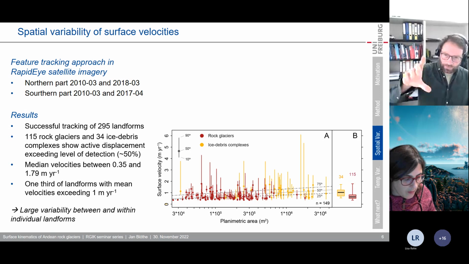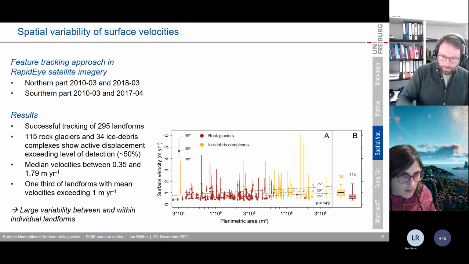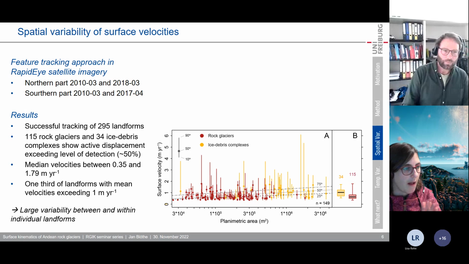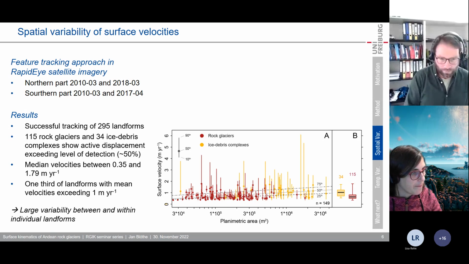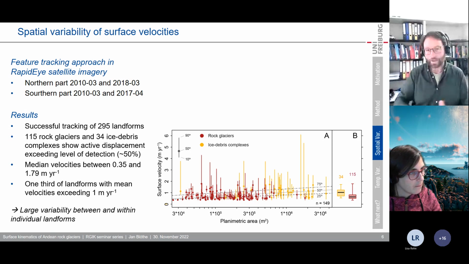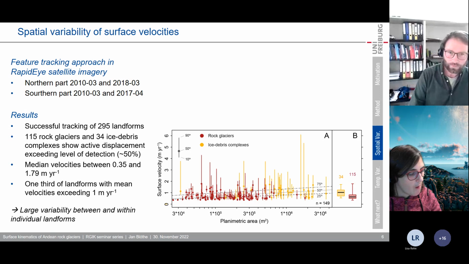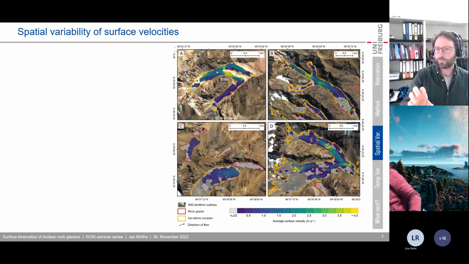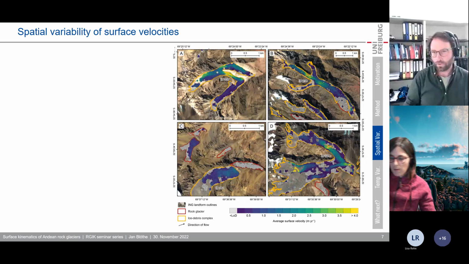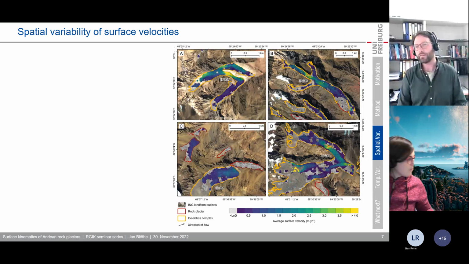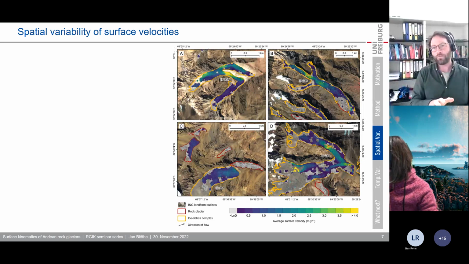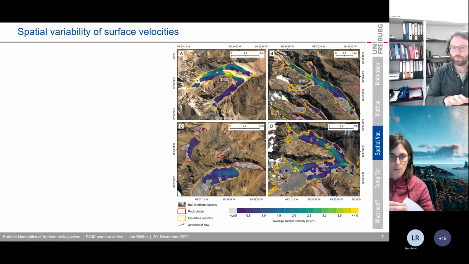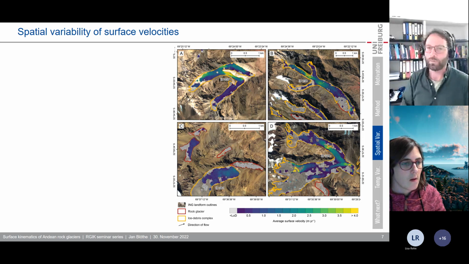But we also can see from the length of these arrows, in the figure here, that we have a large variability between and within individual landforms. That is why I thought we need to take a closer look at this. These are just 4 illustrations where you see that within one landform, we see grossly varying surface speed.